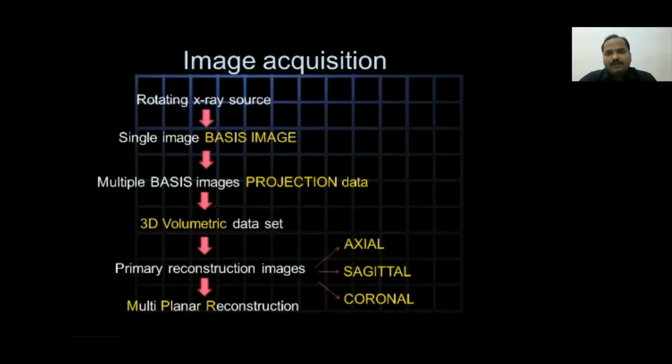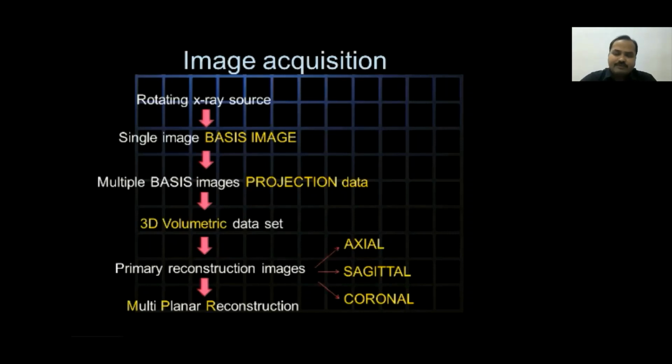Now over here, how does the image acquisition take place? A simple flowchart shows the rotating X-ray source, which will produce a basis image, a single image first of all, and these multiple basis images will be collected as projection data.